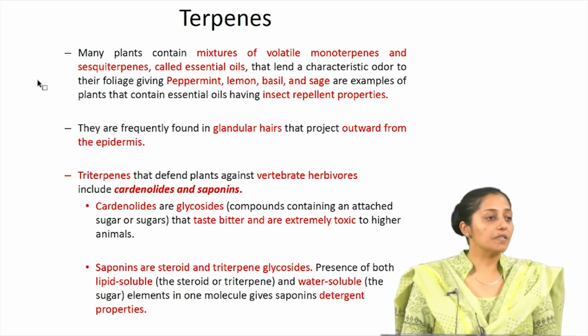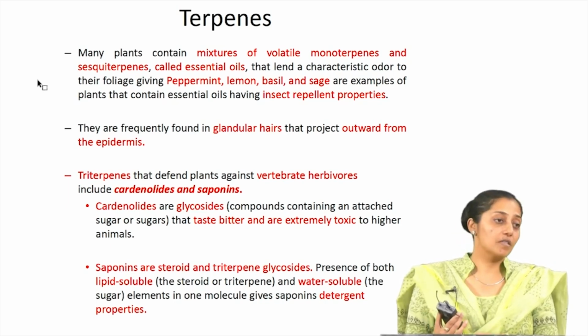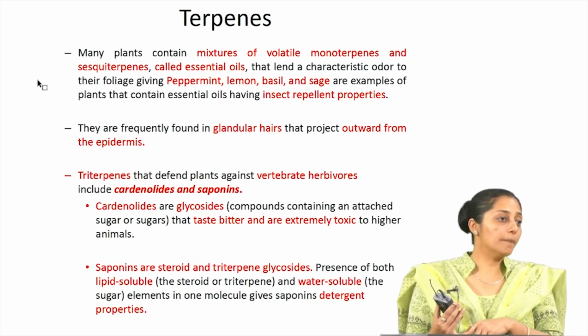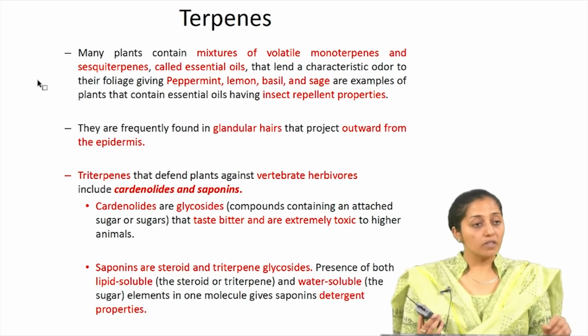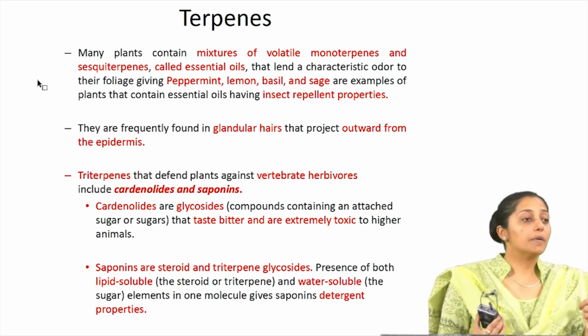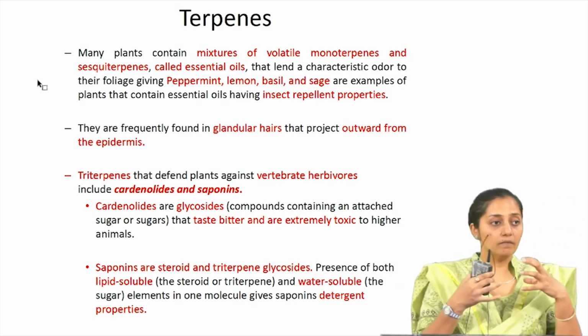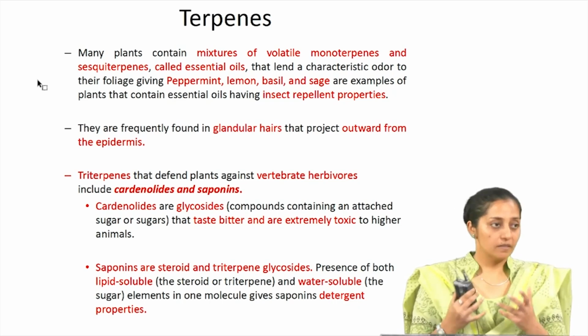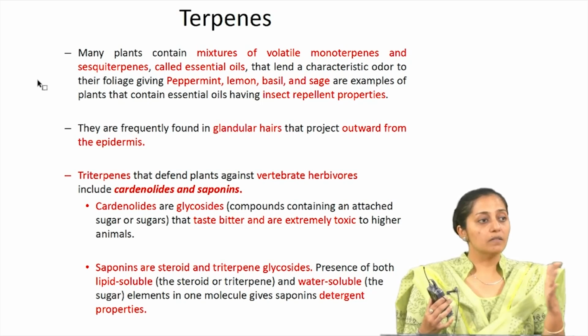For example, saponins are steroids and triterpene glycosides. So there is a triterpene moiety and there is a steroidal moiety. So presence of both lipids, which means what? It will be both water soluble and water insoluble. So it can form micelles, which can improve its diffusion through the membrane.